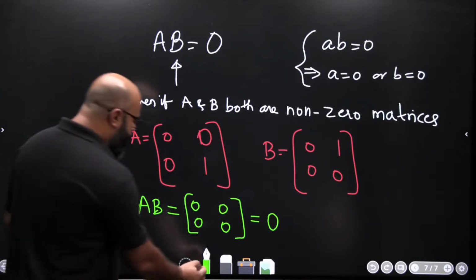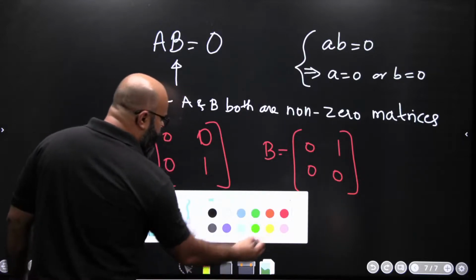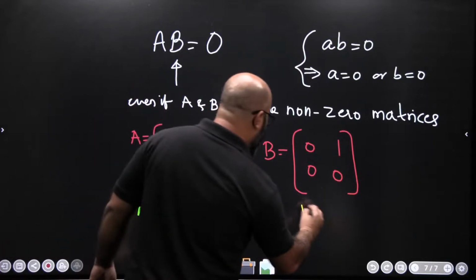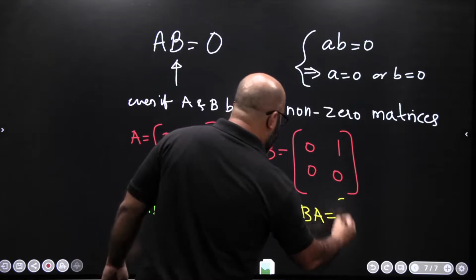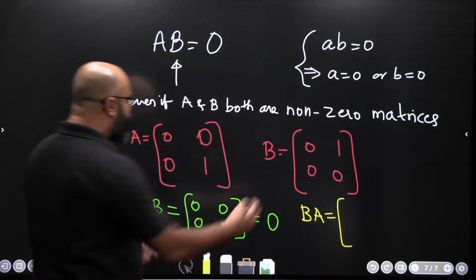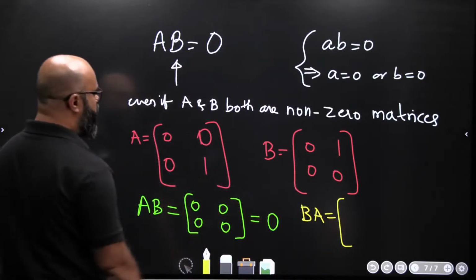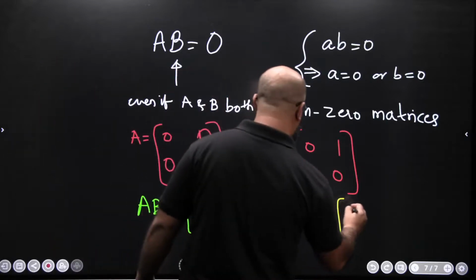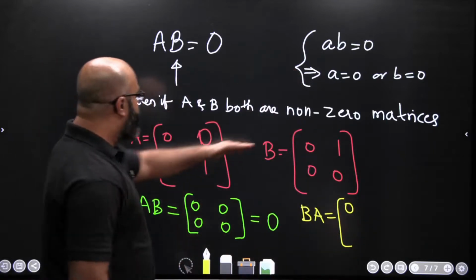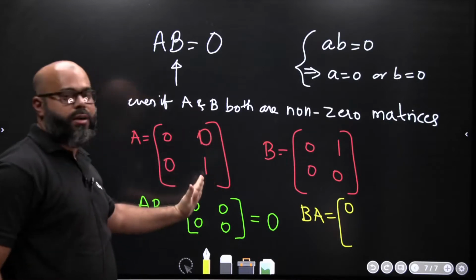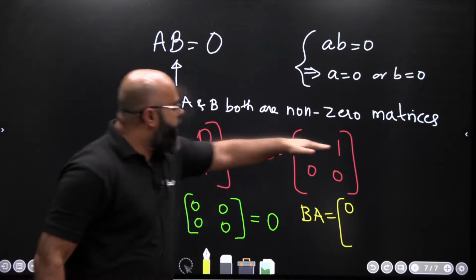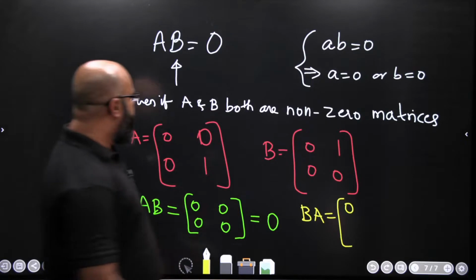Another thing is, can we find out BA also? Of course we can find BA also. B pre-multiplied with A. So first row 0 1 with first column 0 0, so it would be 0. Then first row and second column.